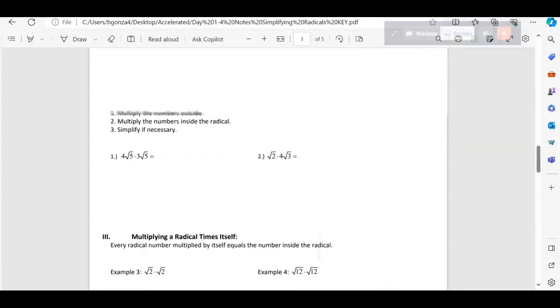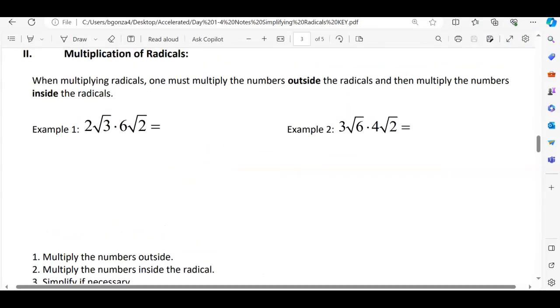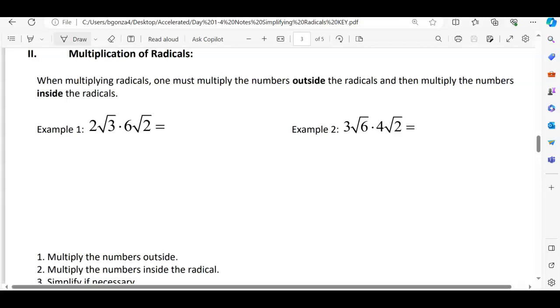Here we go. Now, we're going to breeze through this stuff. This stuff's not that difficult, I don't think. Okay? Ready? Stay with me. When you're multiplying radicals, it says to multiply the outsides first, and then multiply the insides. That's it. Okay? So look at example 1. Outside is 2 here. The outside is 6 here.